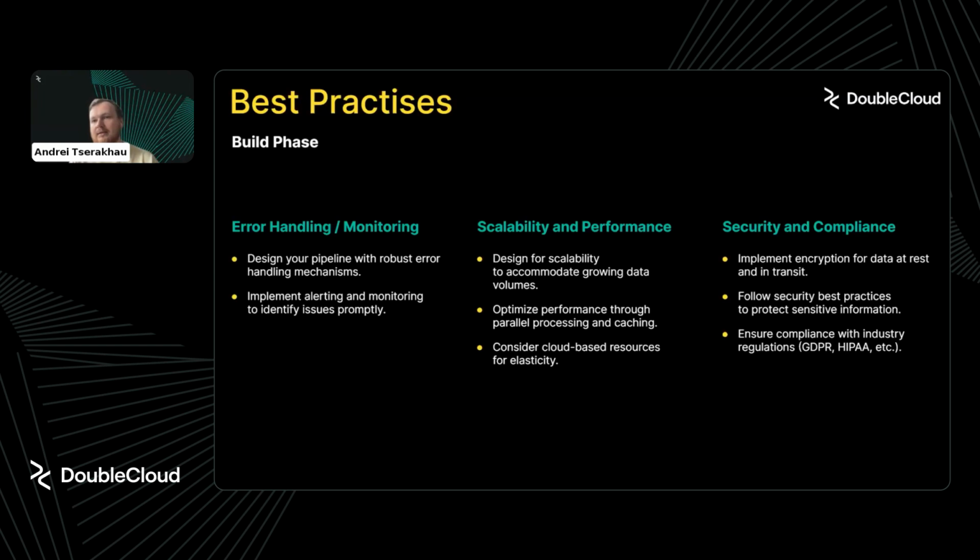In some cases, it's even worth having shifted duty for error handling, so there is always a person who looks at the monitoring and the errors and fixes them as fast as possible, if you have such requirements. So it's very crucial for data engineers to have the mindset that error handling, monitoring, and security should be first in mind.